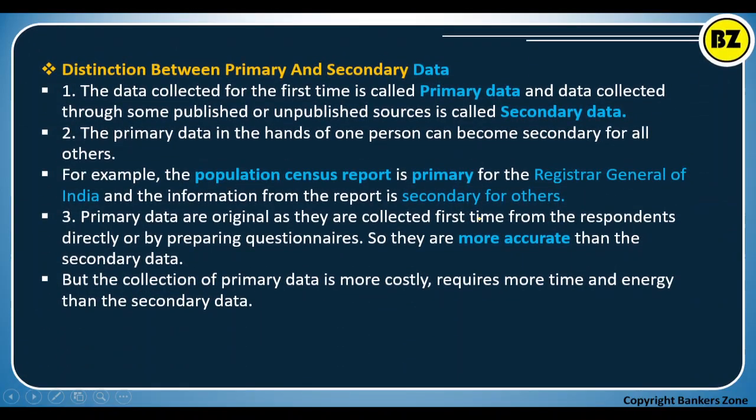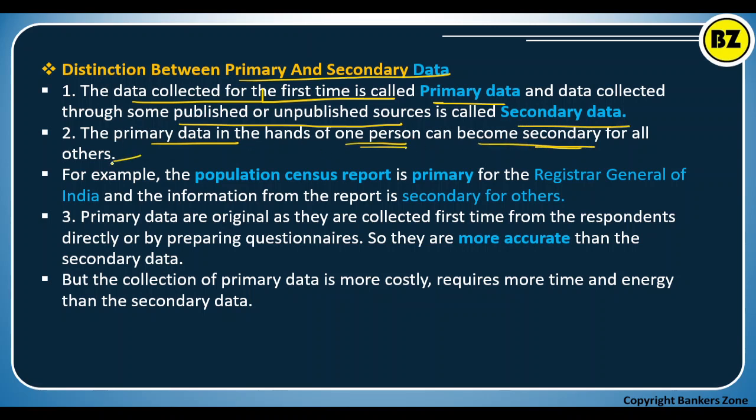Now we will again see the difference between primary and secondary data. Data collected for the first time is primary, and data collected from some published or unpublished source is secondary data. Primary data in the hands of one person can become secondary for others. For example, the population census report is primary for the Registrar General of India, because he is using it for the first time, but the information in the census report is secondary for others. Why is it primary for him?